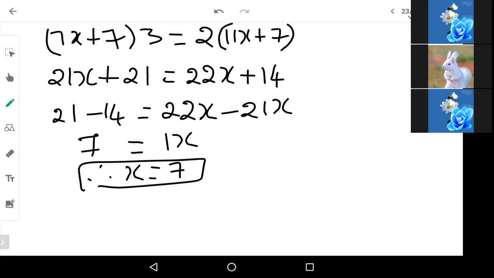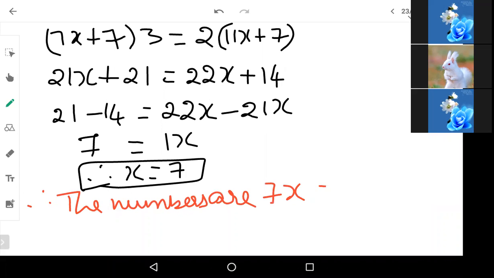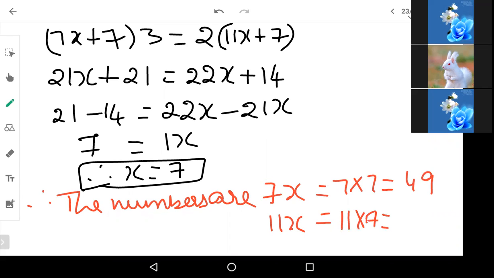Now that we know x is equal to 7, we should find the numbers. Therefore the numbers are 7x and 11x, right? Originally the numbers were 7x and 11x. So 7 into 7 is 49 and 11 into 7 is 77.